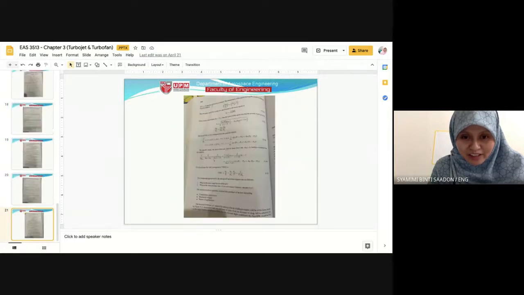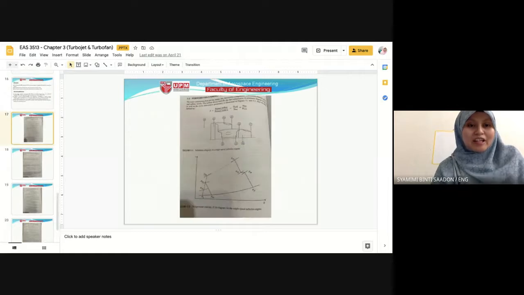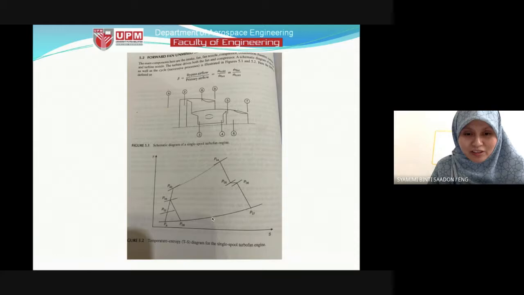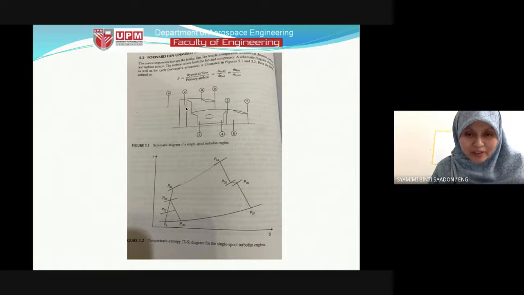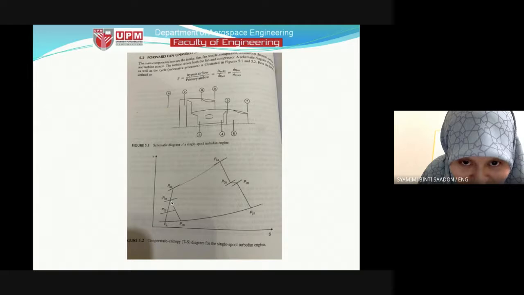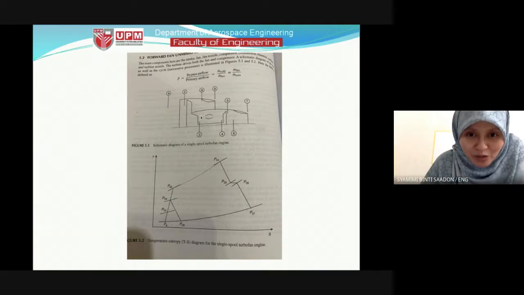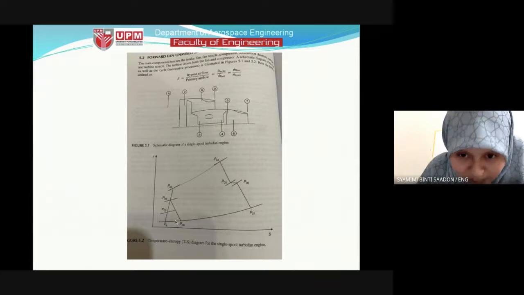The TS diagram for a turbofan engine is slightly different from the one for a turbojet. Here we have A at the intake, then from A directly to point 2, the outlet of the diffuser, and then 2 to 6. This is the schematic diagram.